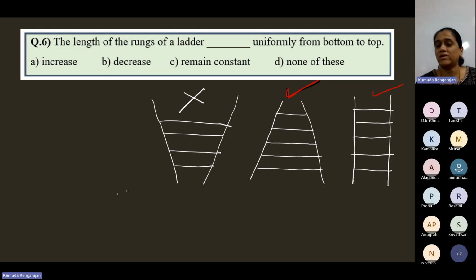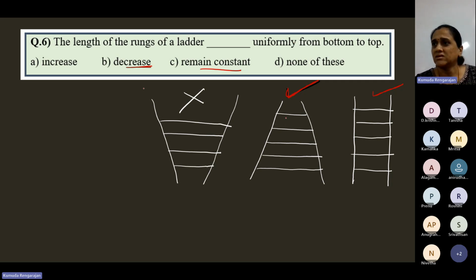Now you have to choose one, right? Sometimes we have to choose the most appropriate answer. Like when you think both of them can be right, but you have to choose the most appropriate answer. Here, remain constant uniformly doesn't read correct. So I think we can go with decrease. The length of the rungs of a ladder decrease uniformly from bottom to top.